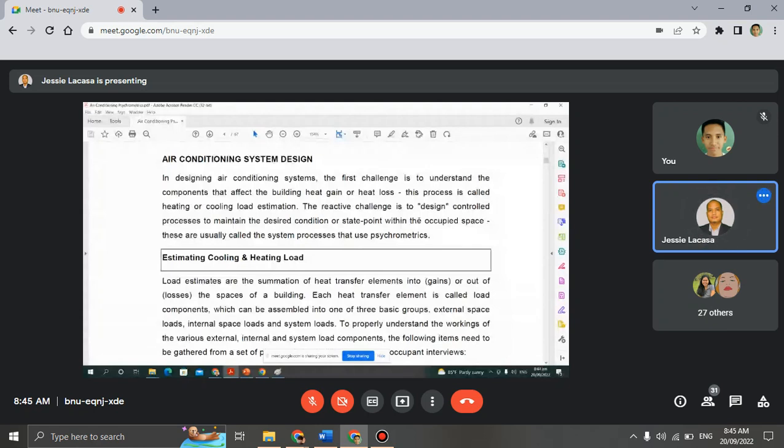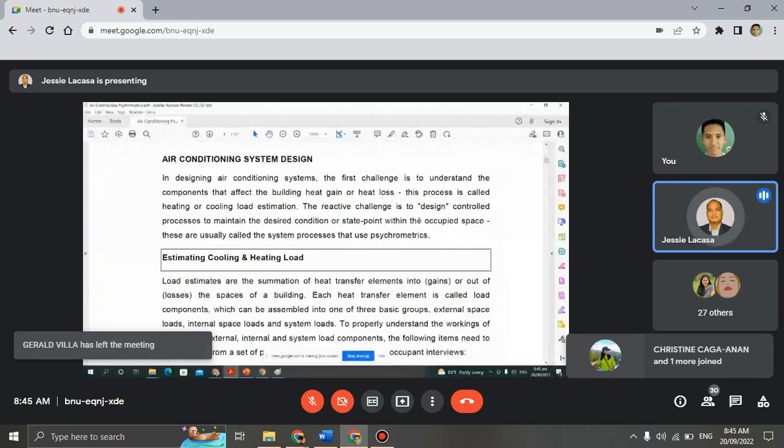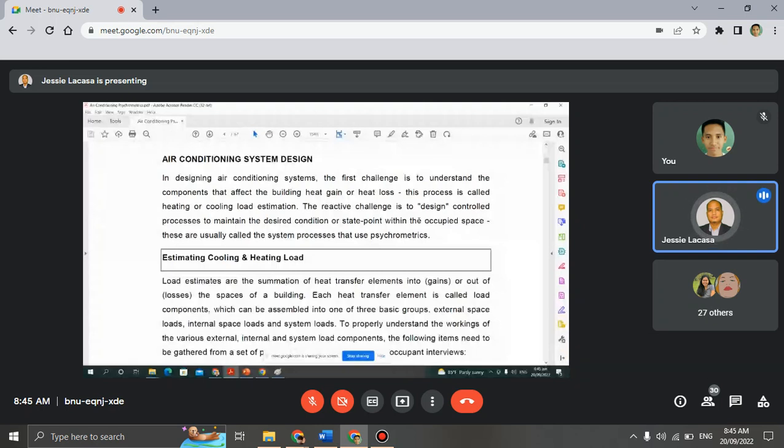Then sa civil maki-coordinate ka kay imuhang mga piping ug ducting, apektuhan ba ang structure, maginahanglan ba ka og mga pipe sleeve? Asa siya ipaagi? Asa ang beam kay si civil engineer ang mag-design sa structure sa building.